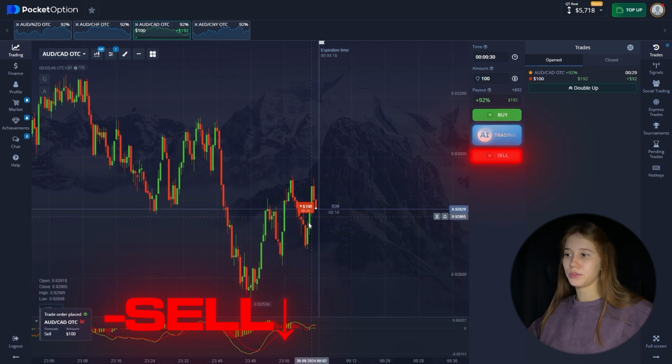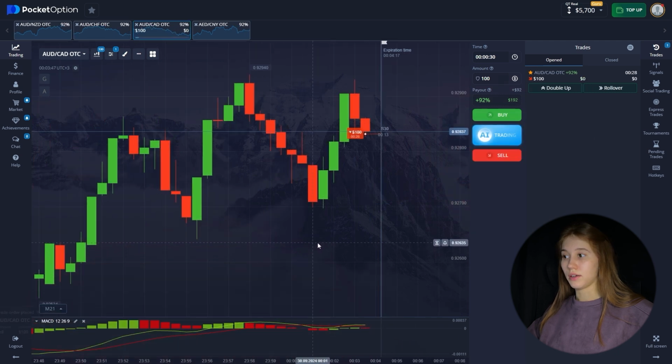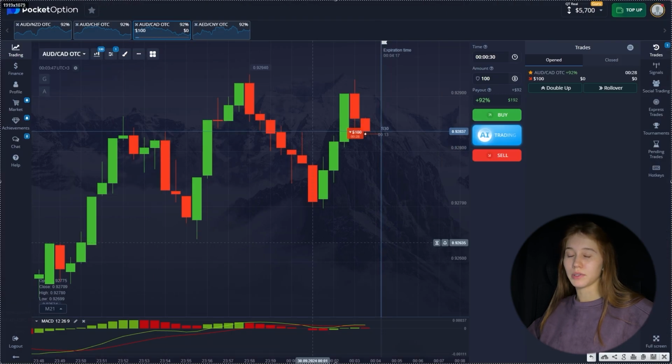I remind you about this, but people continue to use this very bad strategy. And yeah, we see the red one is also prevailing over the green one.